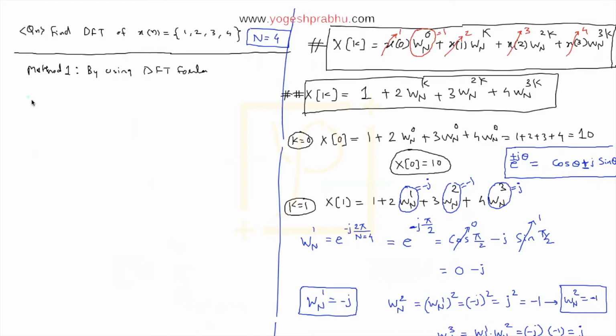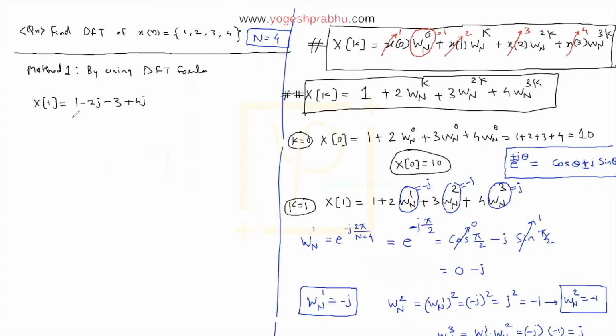So the x of 1 is going to be, this is 1 minus 2j, then this is minus 3, do you see? 3 times minus 1 is minus 3, and this is plus 4j.